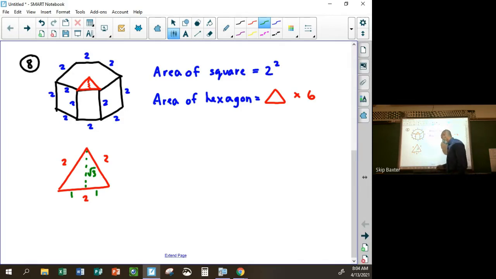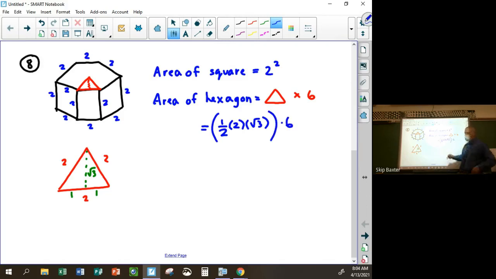So the area of the hexagon is 1/2 base, which is 2, times height, radical 3, times 6. Well, the 1/2 and the 2 just cancel each other out. So I end up with 6 radical 3.